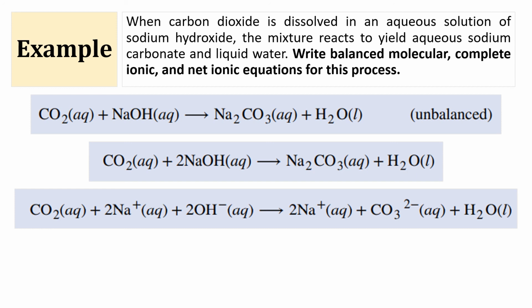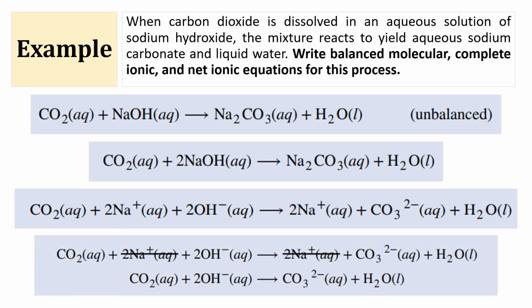Now finally, identify the spectator ion. Remember, a spectator ion is an ion that does not participate in the equation. So in this case, sodium in aqueous solution is the spectator ion. We remove it from each side of the equation and then generate the net ionic equation.